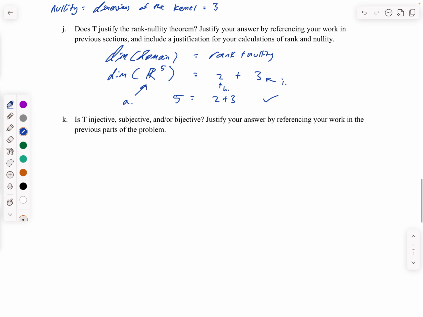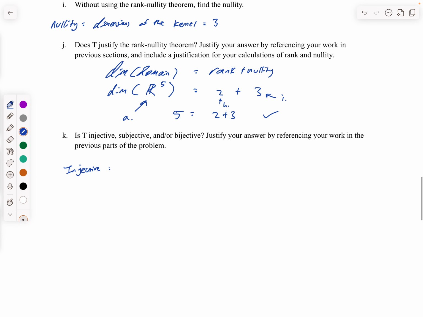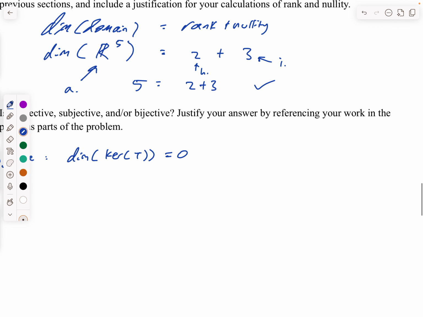Okay. Is it injective, surjective, or bijective? And justify by referencing your work. So what does it mean for something to be injective? From the way to approach this problem, our definition of injective is going to be whether the dimension of the kernel of T is equal to 0.